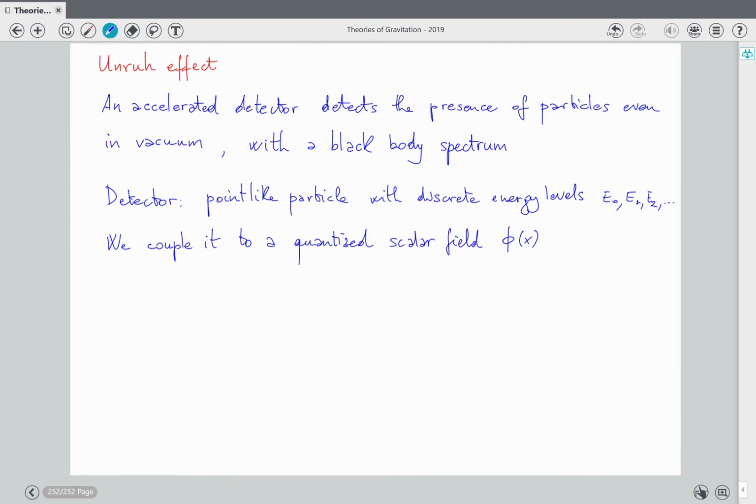So let us choose some notation. We call tau the proper time of the detector.